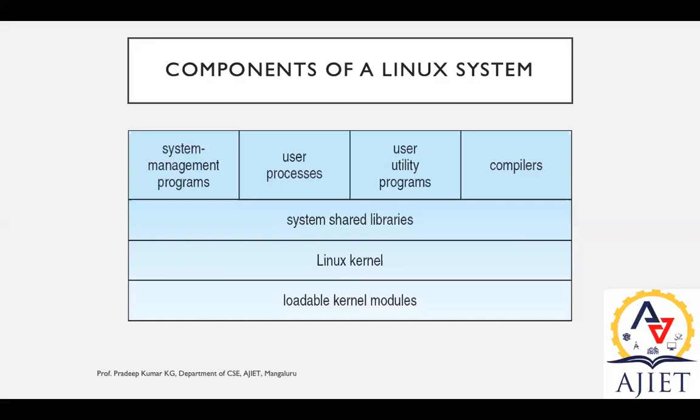It is the main component of the Linux operating system. The major thing is it acts as an interface between the computer's hardware and its internal processes. So it arranges communication between the hardware and its processes, and it also manages the resources to handle both hardware and software.